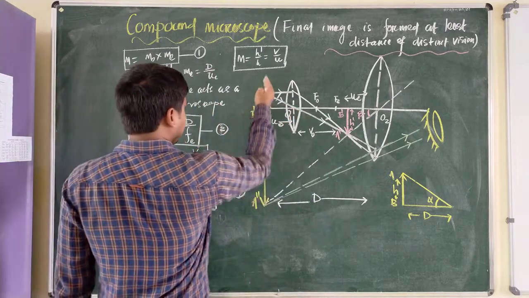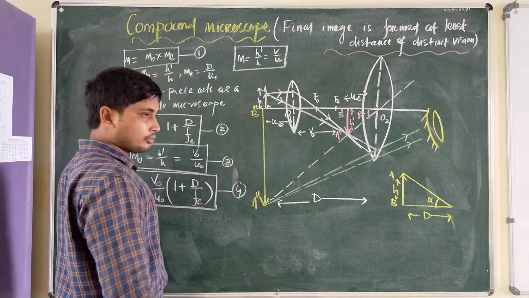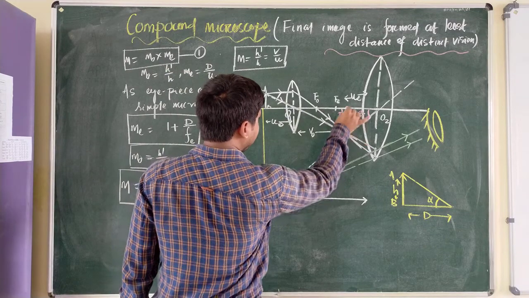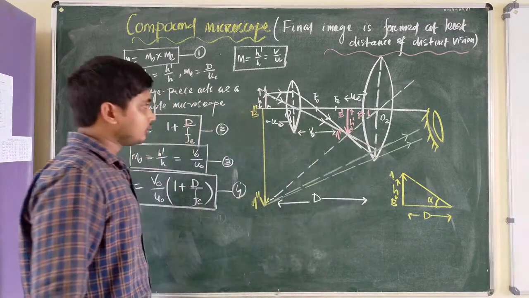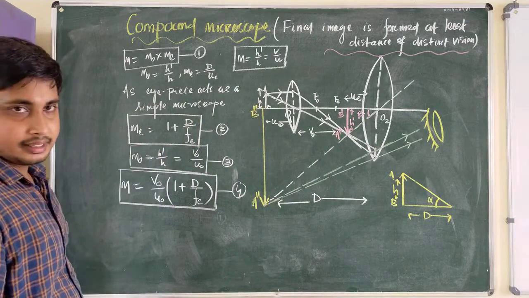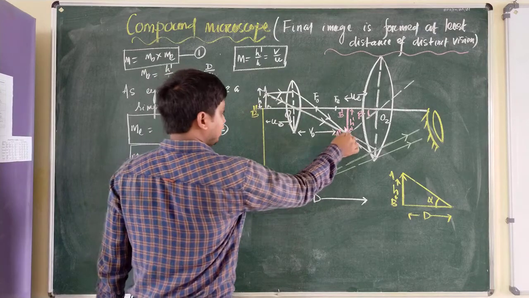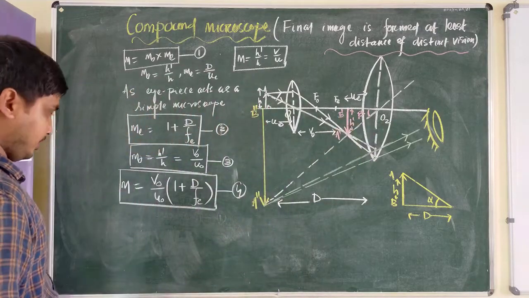So when this AB object is placed near to the focus of the objective, then the image A prime B prime will be formed closer to the eyepiece lens. If you shift a bit nearer to the focus, the image A prime B prime will be shifted towards the eyepiece.